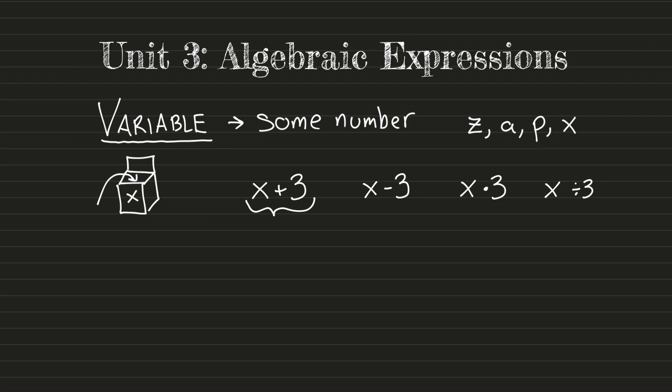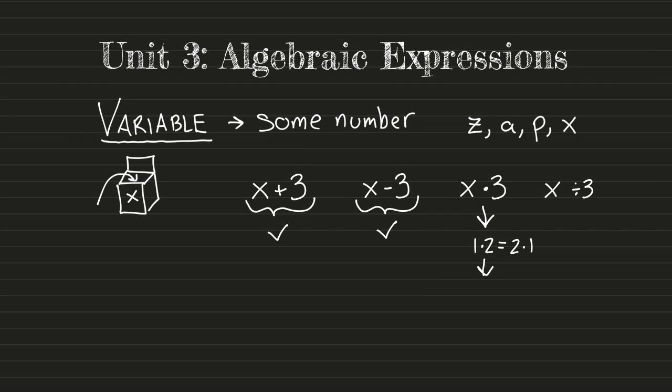X plus 3 is pretty good. X minus 3 is pretty good. X times 3, what typically happens, we know that we can swap these things around. We know that 1 times 2 is the same thing as 2 times 1.